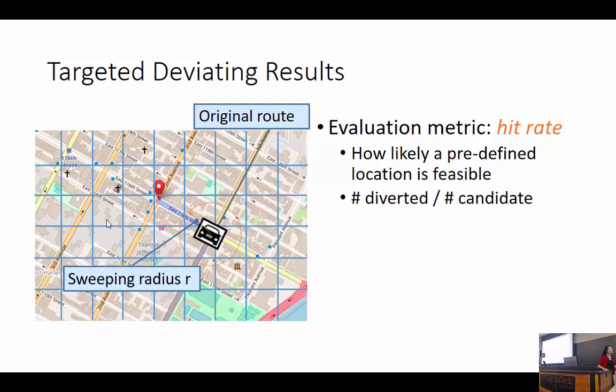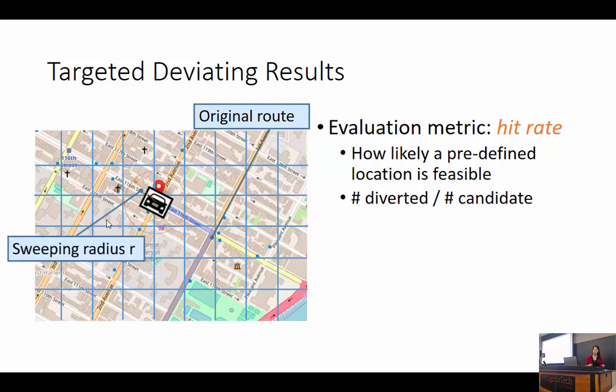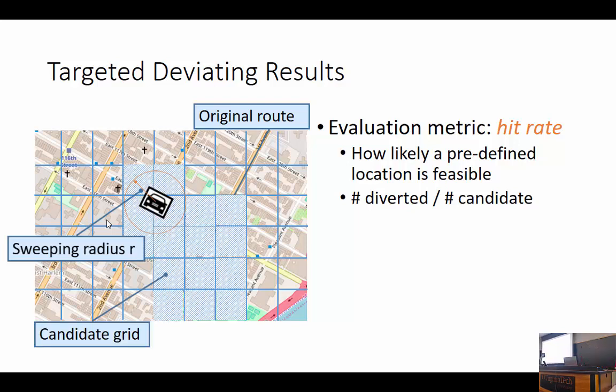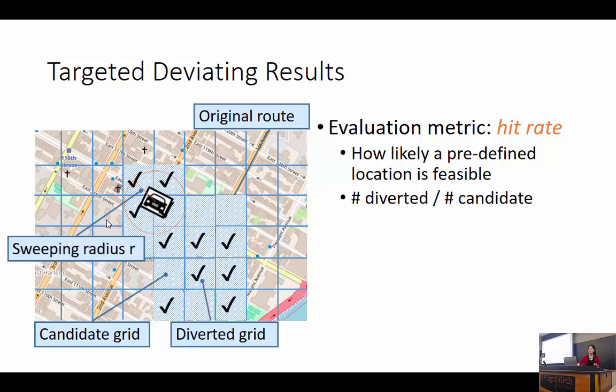Basically, along the driver's original route, we let the sweeping radius mark some of those grid areas, and we call them candidate grids. Then we check whether it's possible for the attackers to divert the victims to any of those grid locations that are shadowed here.